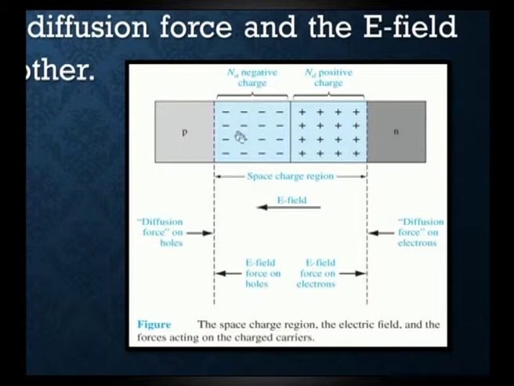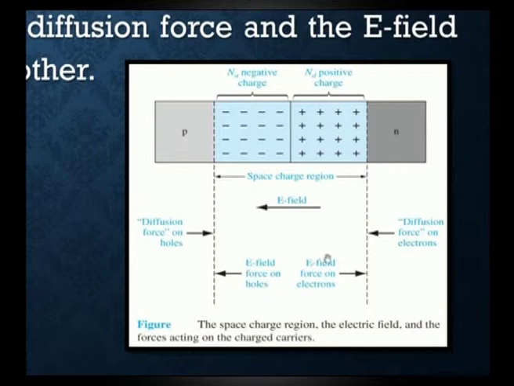This is the acceptor atom concentration formed in the p region, and the donor positive charge concentration formed in the n region. This is totally called the barrier width or space charge region. Here in the p-n junction space charge region, the electric field will be in this direction, but the diffusion forces on holes and on electrons will be in these two different directions, and the electric field inside this is totally in this direction.